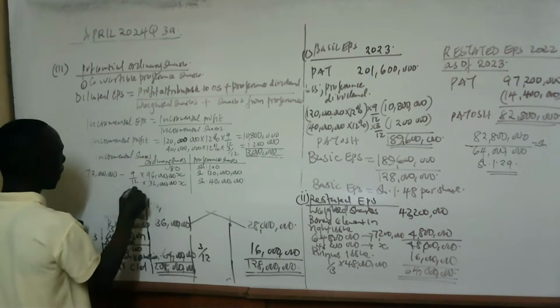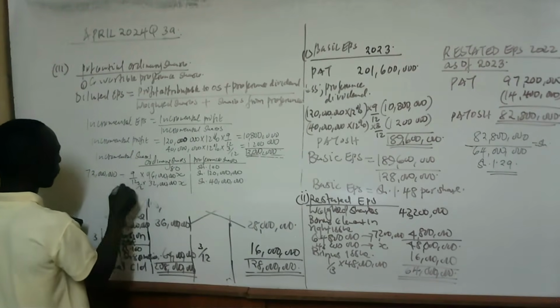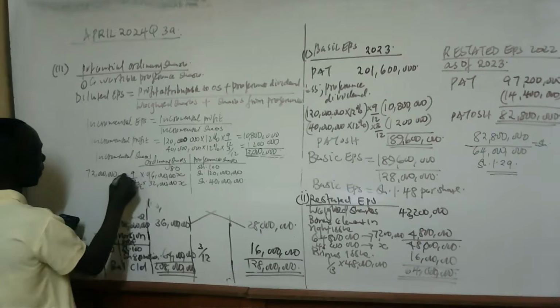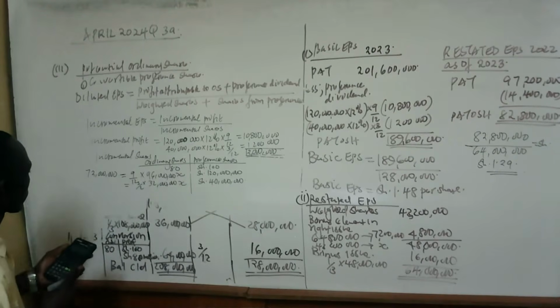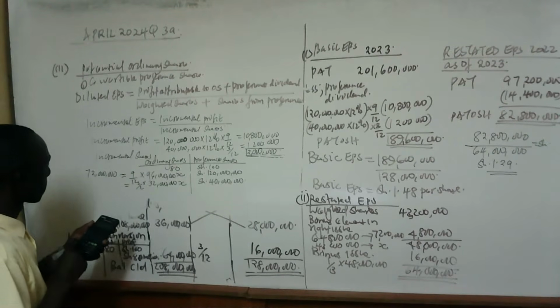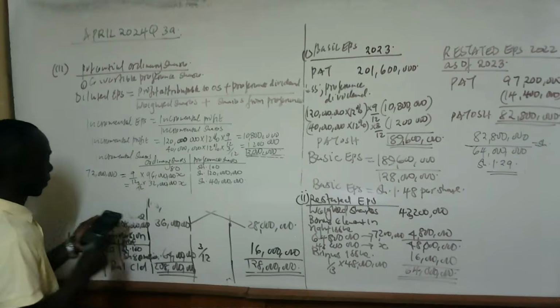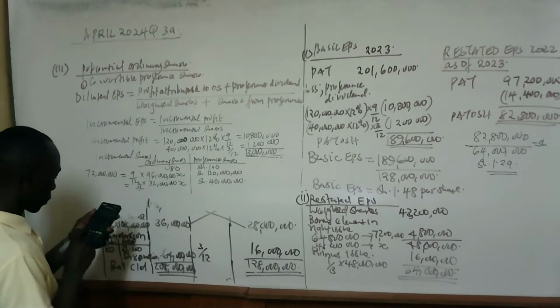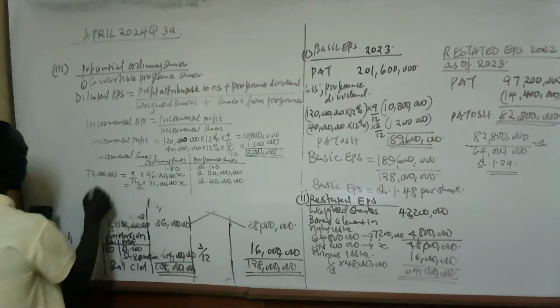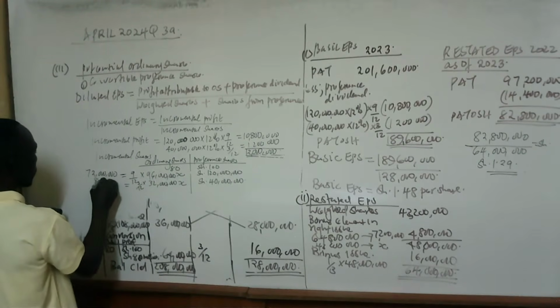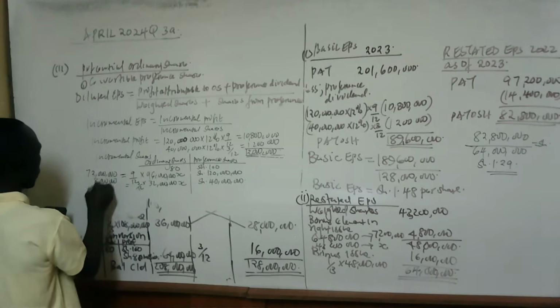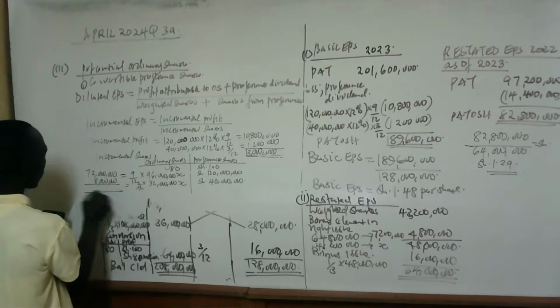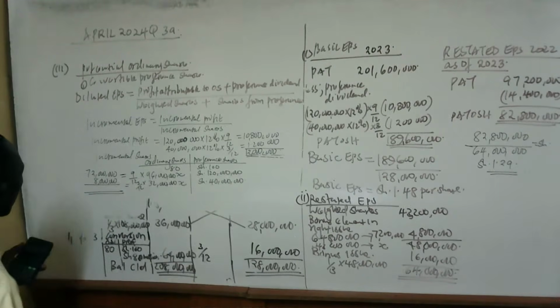Then you multiply by 3 out of 12, so you will get 8 million.